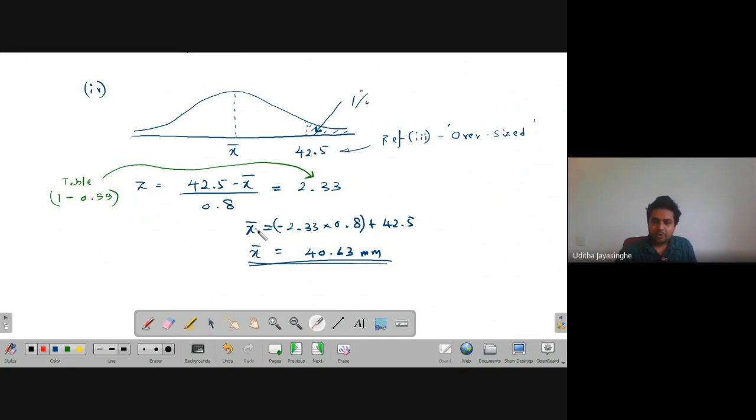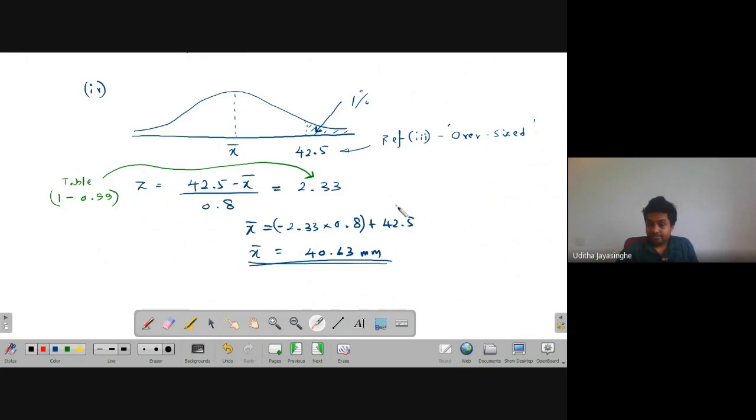So the simplification of this question is: X bar, if I put it here, and this 42.5 I'll keep here, this 2.33 multiplied by 0.8, I'm going to take it to the left hand side, and my answer is going to be 40.63 millimeter.